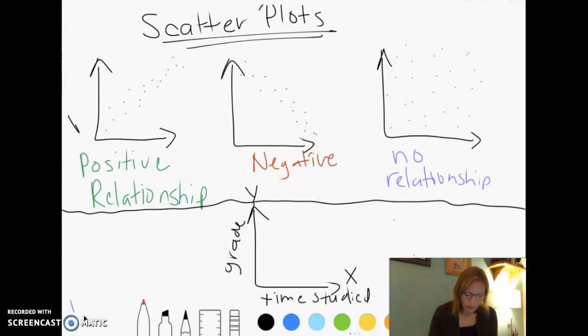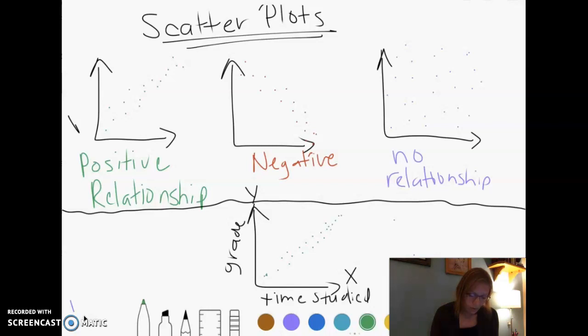Well, what you would expect to happen is that if they studied just a little bit, they would have a low score. If they studied a little bit more, their score would go up. So the longer they study, moving sideways on my graph, the higher their grade is going to go.